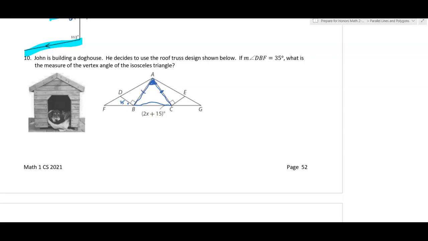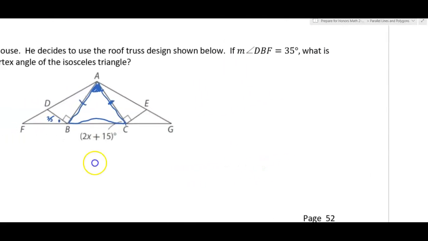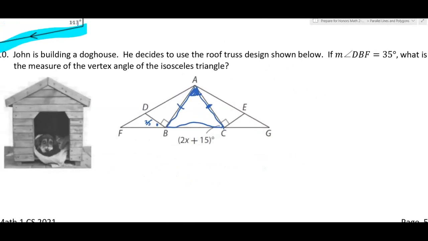Okay, now, here's what you have to notice. And I'm going to blow this picture up a little bit to make it easier to see. So let me go ahead and rewrite this. This angle is 35 degrees. What do all three of these angles have to add up to? 180.